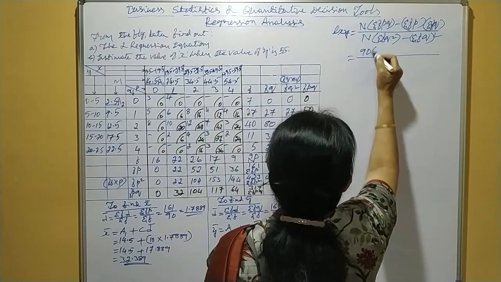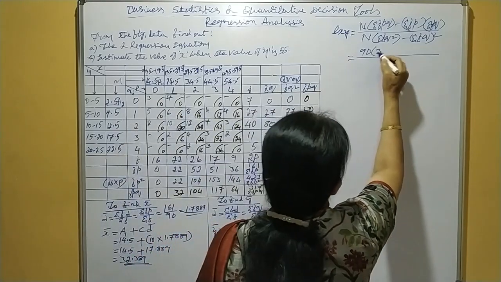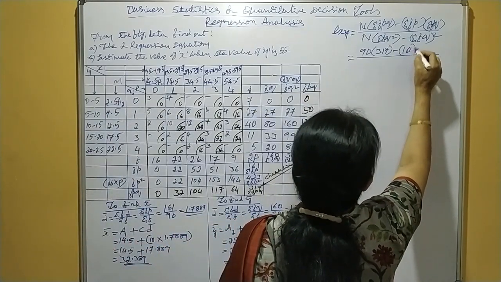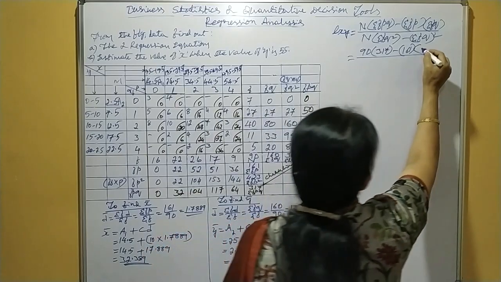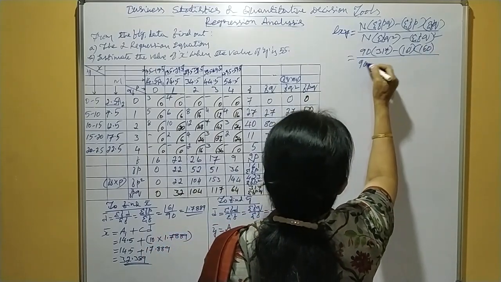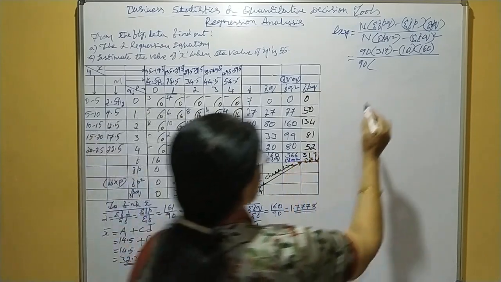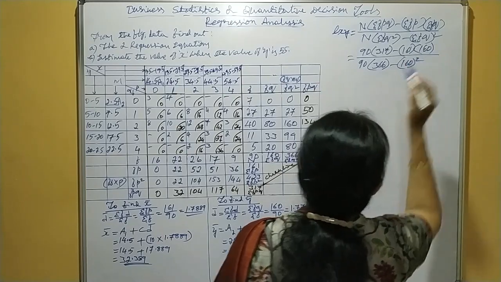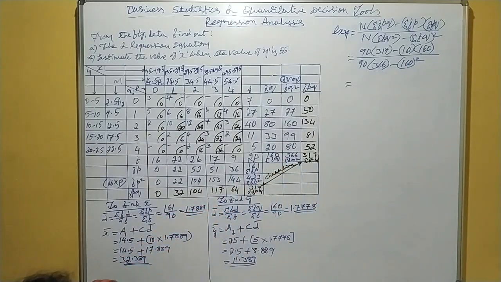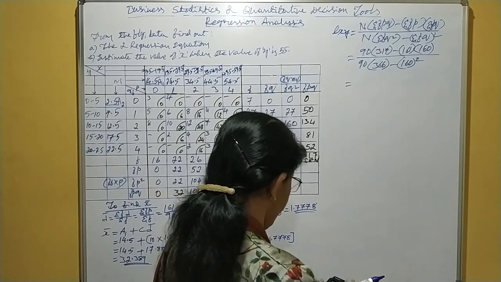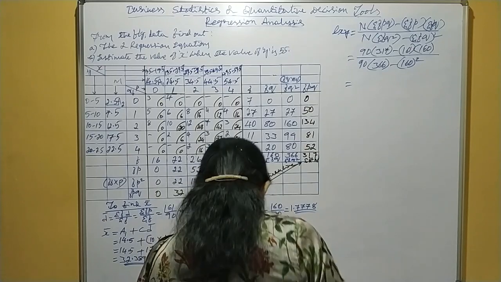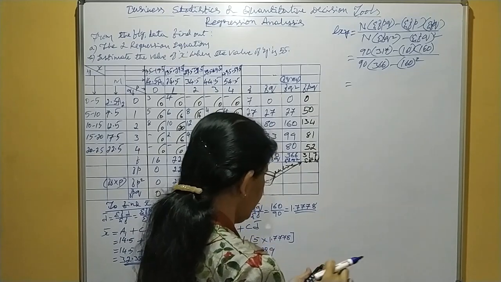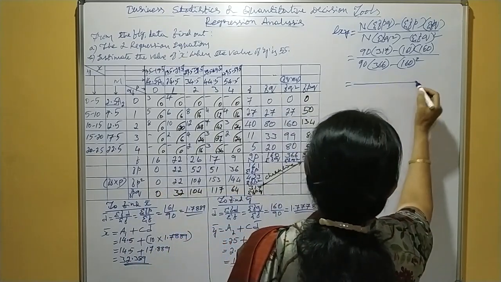Equals, n is how much? 90. 90 into sigma fpq 317 minus sigma fp 161 into sigma fq 160, divided by 90 into sigma fq square 366 minus sigma fq 160 whole square, equals 90 into 317, it is 28,530.